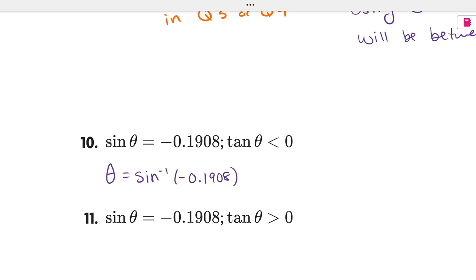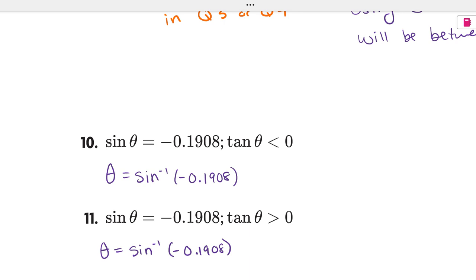I'm going to do problems 10 and 11 at the same time, because notice once again we're using the same sine value, 0.1908. And we're still in radians, the same directions apply. So let's pull out our calculators and do inverse sine of negative 0.1908.